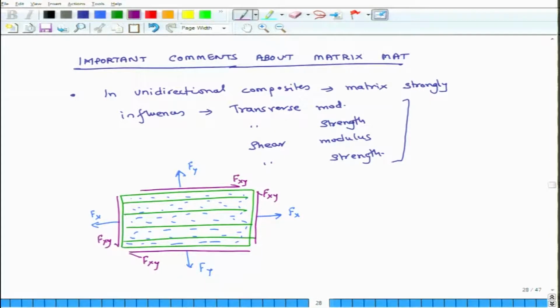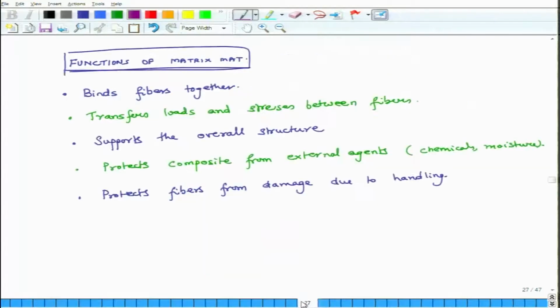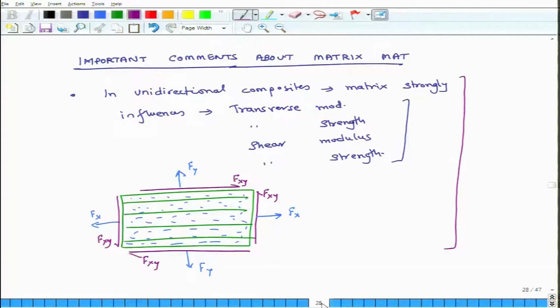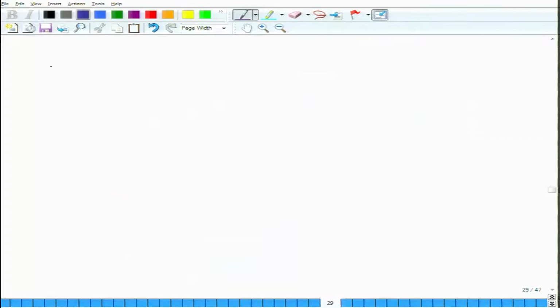So, this is important. So, matrix for structural reasons is also very important. Its job is not only to do all this good stuff, binding the fibers, transferring load, supporting the structure, but for unidirectional composites, it also has a strong role in influencing transverse modulus, transverse strength, shear modulus, shear strength. Let us see what other things it is very important for.